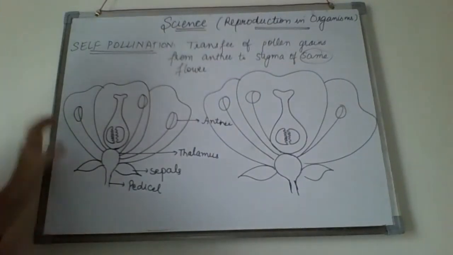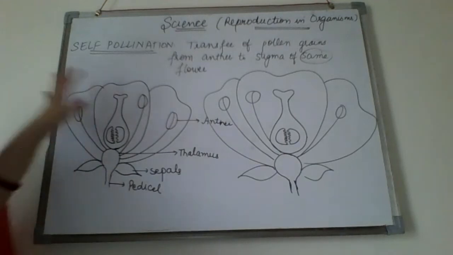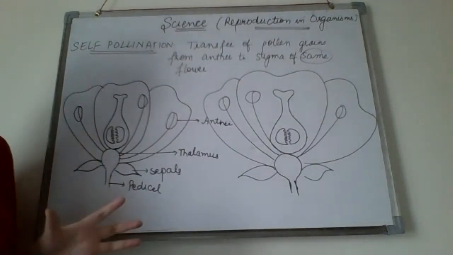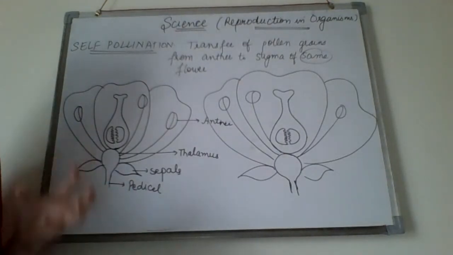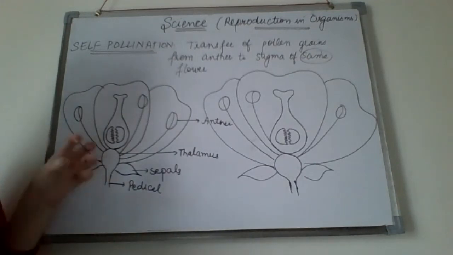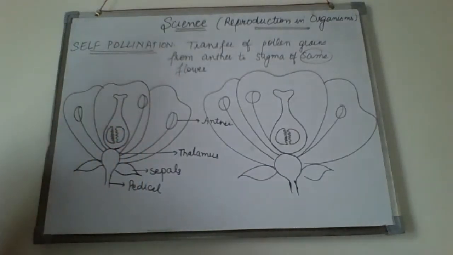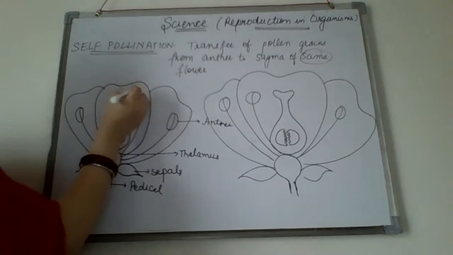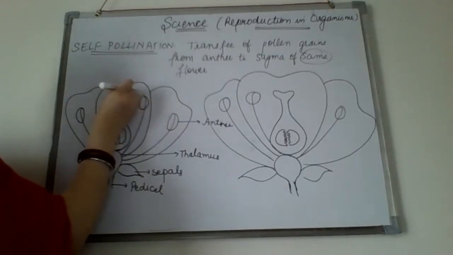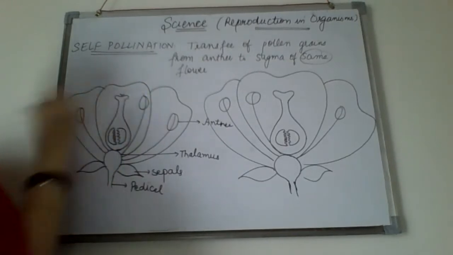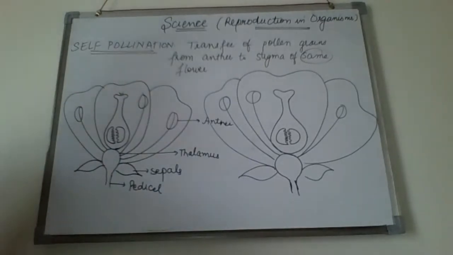So we are talking about a complete flower here, the bisexual flower that contains both the male part and the female part. There is simply the transfer of pollen grains from the male part to the female part. The anther contains the pollen grains, and they are simply transferred to the stigma. This we call self-pollination.